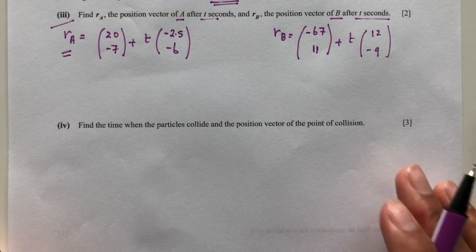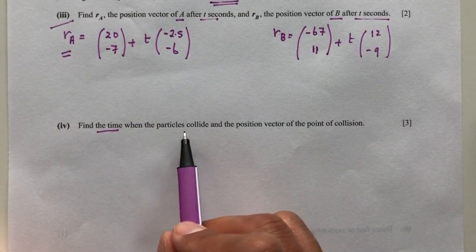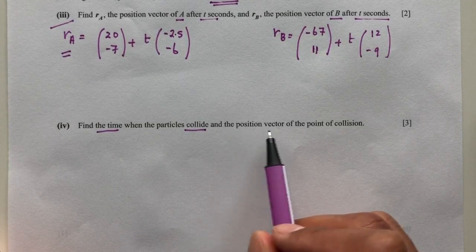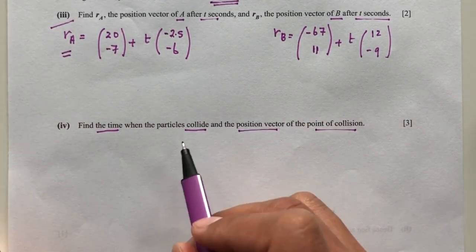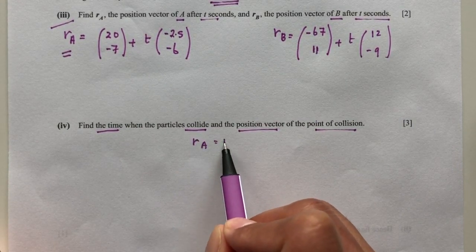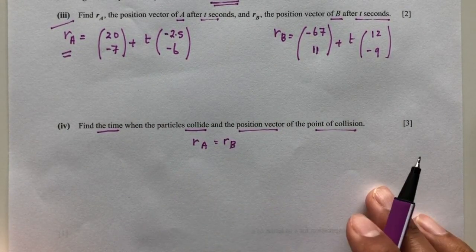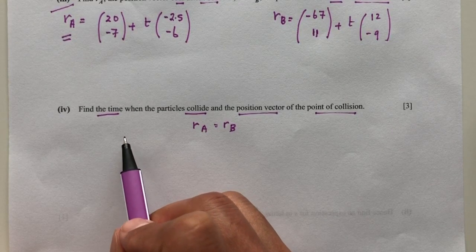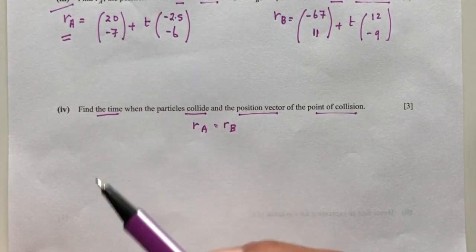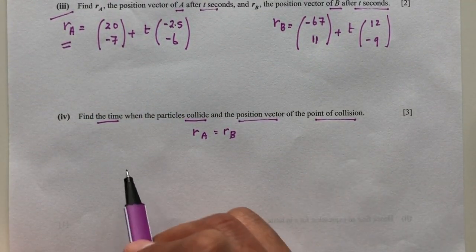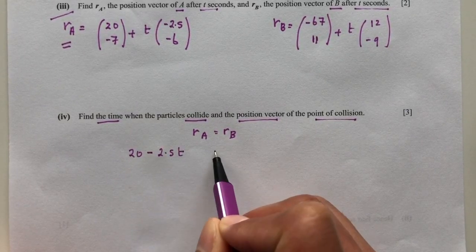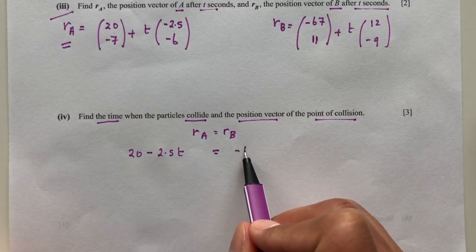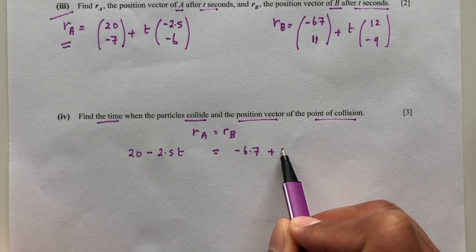Now part 4, it says, find the time when the particles collide and the position vector of the point of collision. So this has to be equal to this when they collide. They have to have the same position. Now let's see. So here we can simplify. You will have 20 minus 2.5t is equal to minus 6.7 plus 12t.